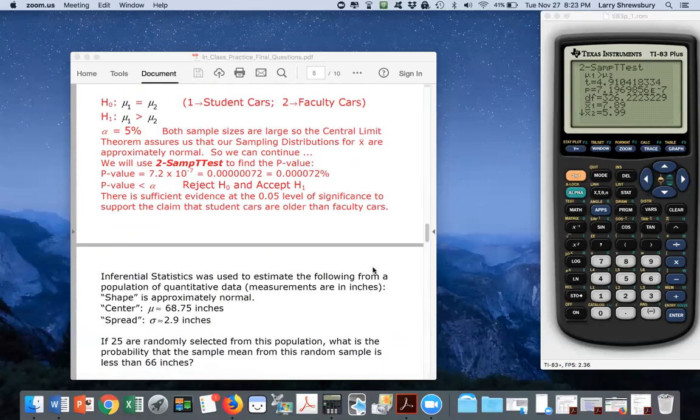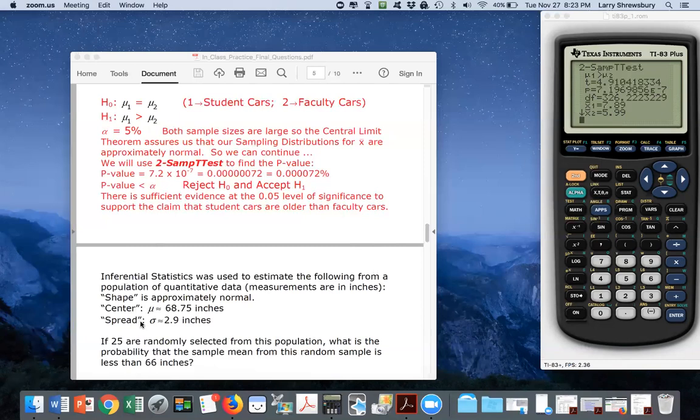So now let's suppose that you know what the shape, center, and spread is for an entire population of quantitative data. Well, if you knew that, oh my gosh, think of the things you could find out. Now, maybe back when we were working with one populations and we're trying to get an approximate idea of what the population mean was, you realize that, hey, yeah, statistical methods could approximate the shape, center, and spread.